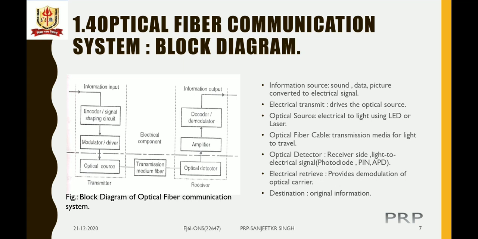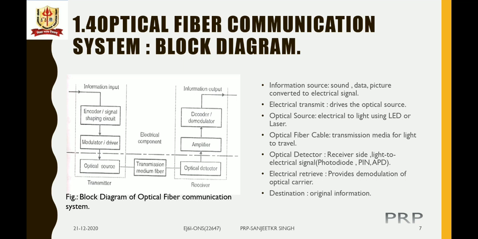There will be amplifiers in between, a regenerative circuit, where the optical signal will be converted into electrical, from optical to electrical and electrical to optical, and then it will be transmitted after amplification in between using electronic circuits. And it is arriving at the destination, where it is converted back into its original form, like sound or data or picture.